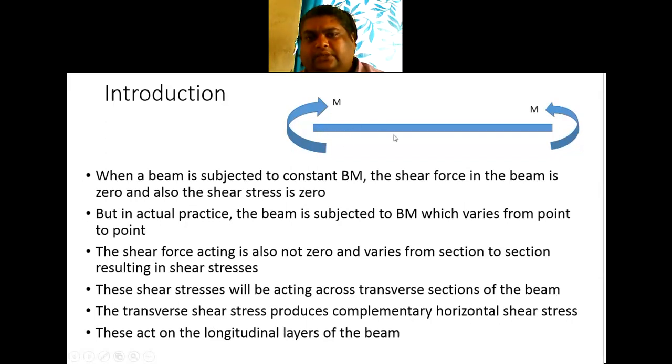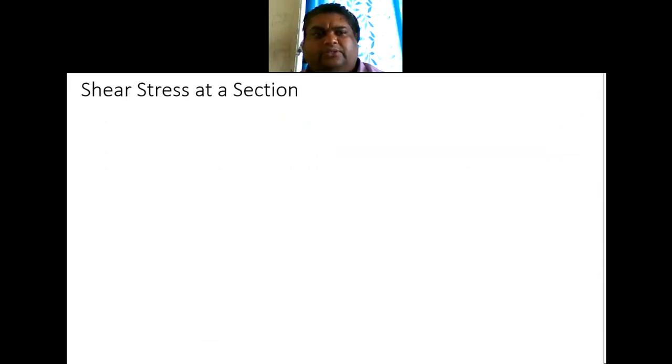So these transverse shear stresses which are perpendicular also produce a complementary horizontal shear force, and these act on the longitudinal layers of the beam. So along the layers of the beam, there will be shear stress produced. That is what we are going to calculate in this particular section, okay, for various cross sections.